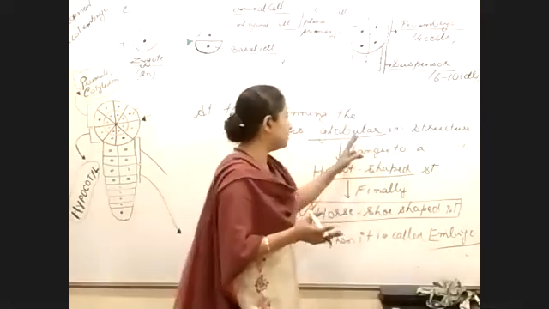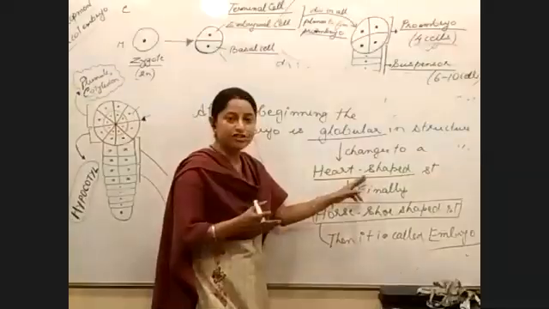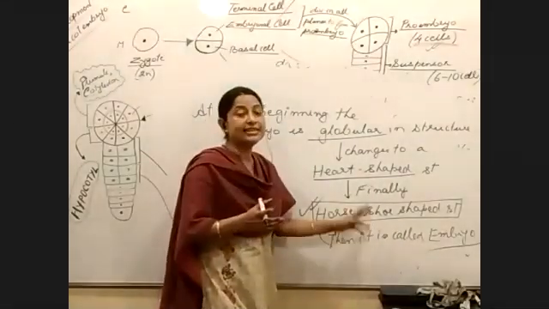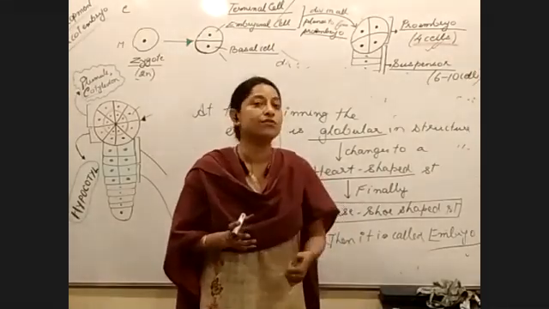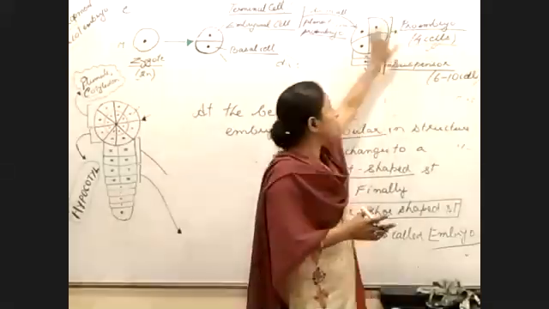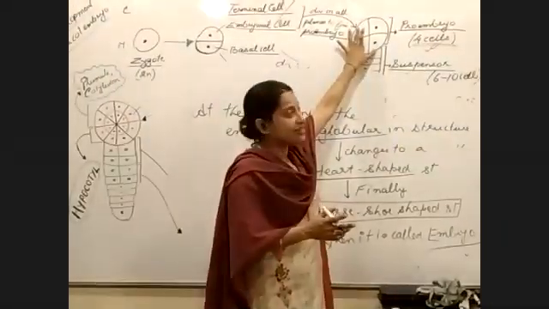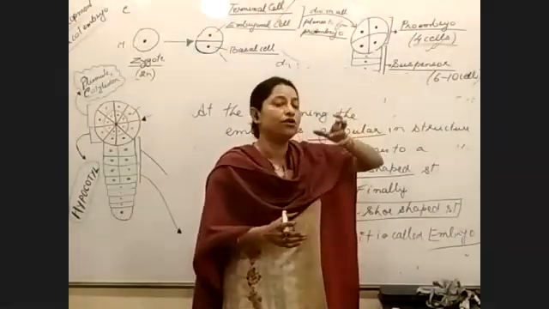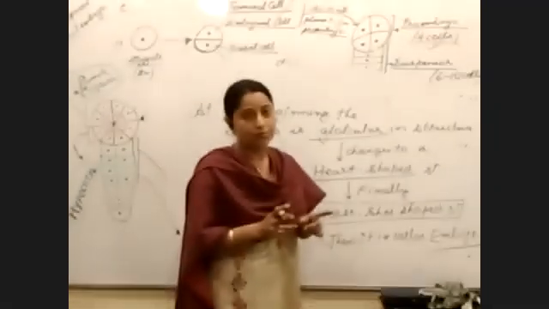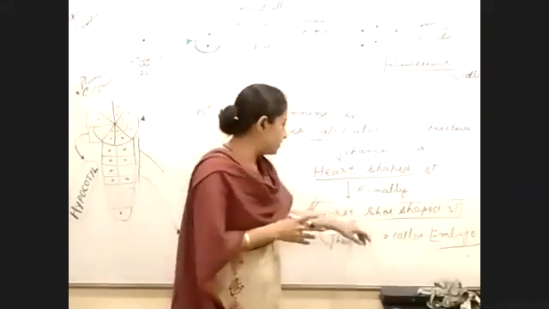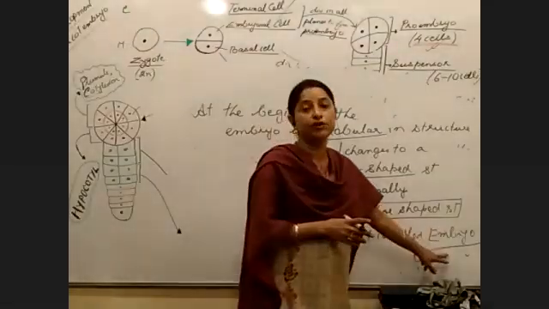So you have to remember globular to heart shape to horseshoe. When the horseshoe shape finally takes the structure, it is only at that time you can use the word embryo. Earlier I used pro-embryo. Why? Because it is not a horseshoe shaped structure, instead it was a globular or a spherical structure. A spherical structure will become heart shaped, heart shaped will become horseshoe, and then we can use the word embryo.